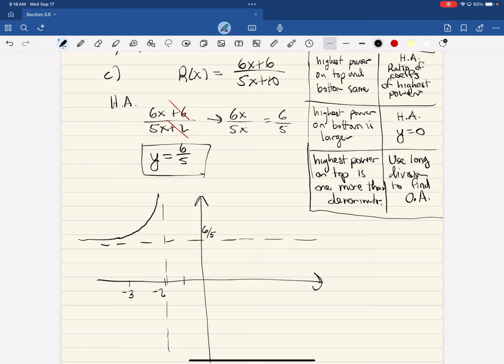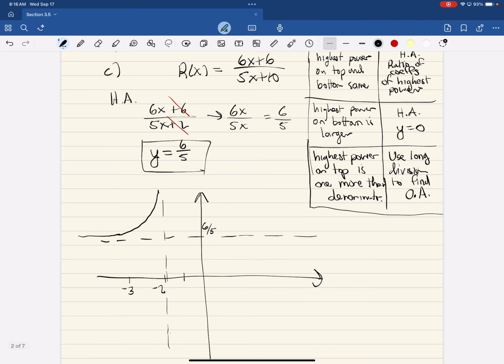Now, to the right of that, we could do the same sort of thing. The easiest one to plug in might be 0, and when we do, we get 6/10, which is less than 6/5. So we're down below this asymptote, we're going to be something like that.